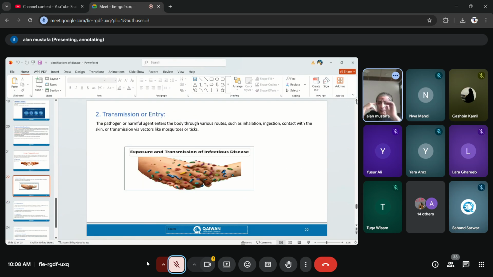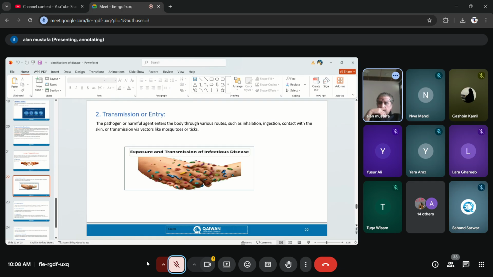So the first stage of infectious disease is the exposure. When you come into contact with the virus or the bacteria. So you come face to face. Then there's entry or transmission.